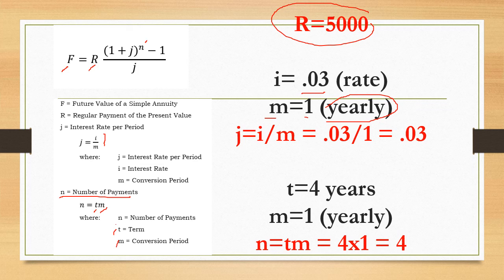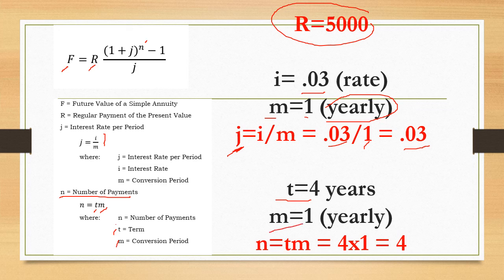Okay? Now let us compute for J. So J is important. So I divided by M, or 0.03, which is your I, divided by 1, which is your M. So divide that using your calculator and you will have 0.03 for your J. Now for the next part, T is 4 years because John Mark is going to pay the amount for 4 years, and we're looking for the future value after 4 years.